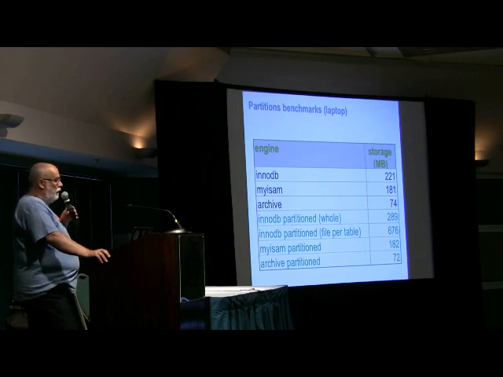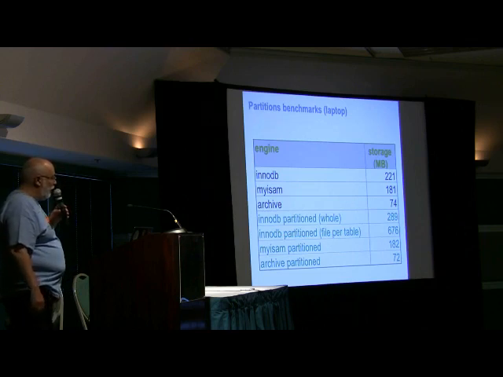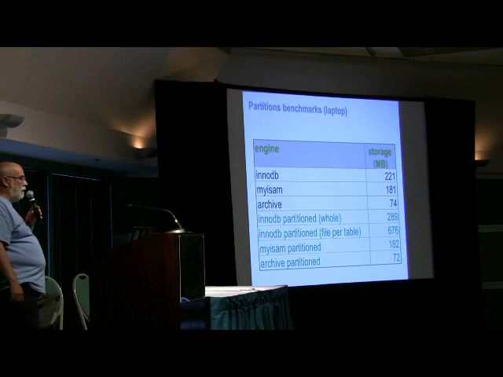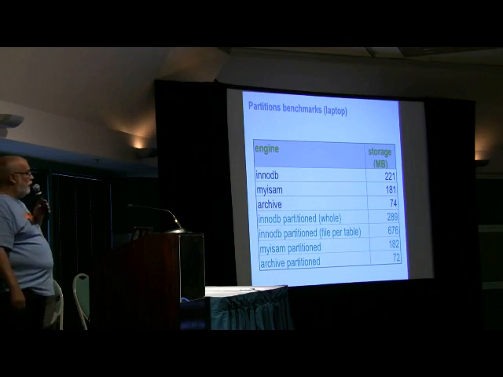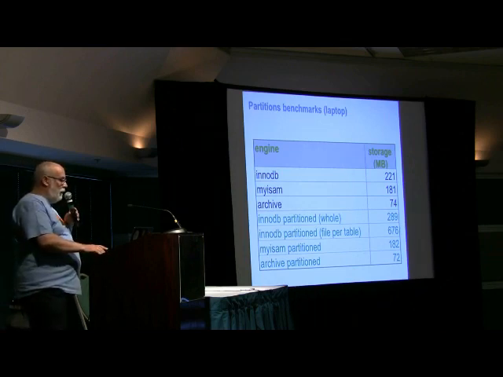InnoDB partitioned with file per table is extremely larger. I don't know the reason for that, but this is the result that I got. And MyISAM partitioned is almost the same size. Take a look at archive. Archive is very much smaller than MyISAM and InnoDB.